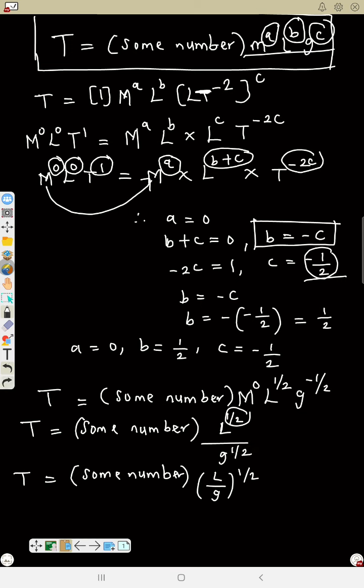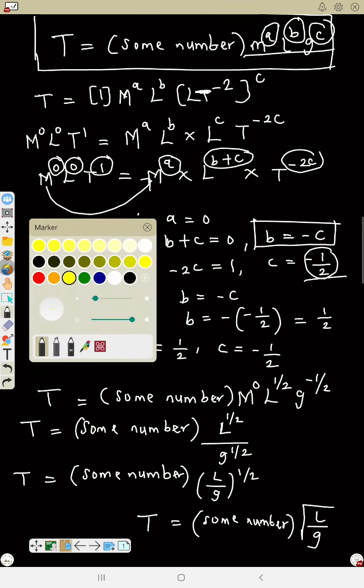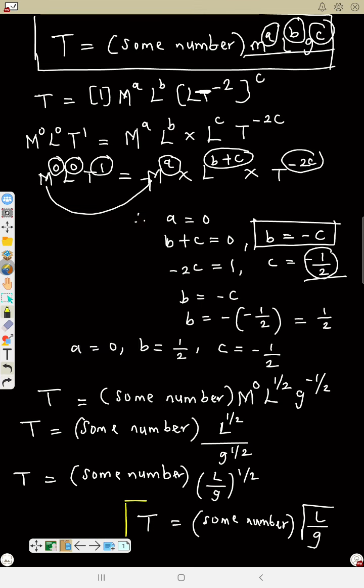You take one out, then T is equal to some number times the square root of L over g. Because power half is the same thing as square root, if you look at this final answer, this is our period.